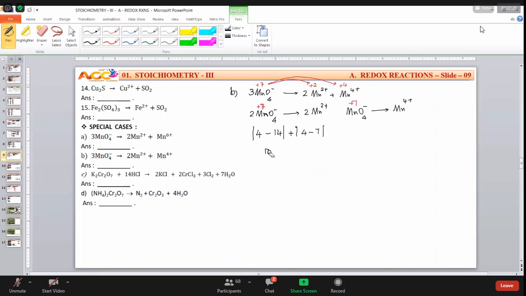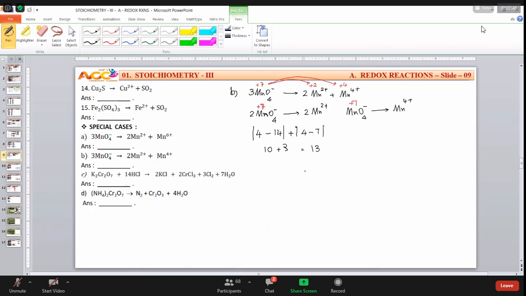This pen is also not working properly. This is 10. And this is dash 3. Total how much? 13. Your job is not over here. Why? What is N factor?